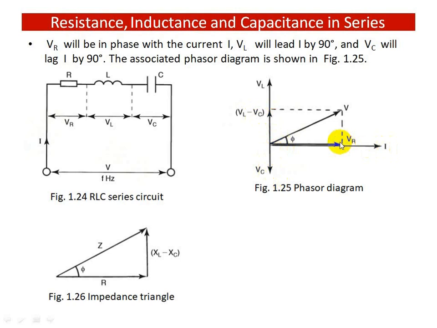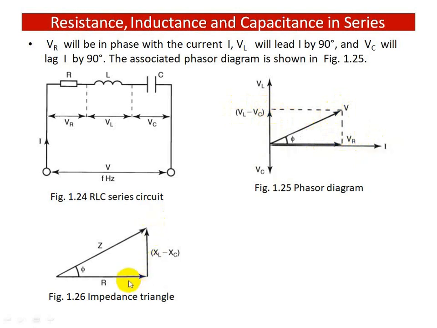Now VR is the voltage across the resistance. The vector addition of VR and the voltage difference between VL and VC gives you the supply voltage, and the phase angle is nothing but the angle between the supply voltage and the current.